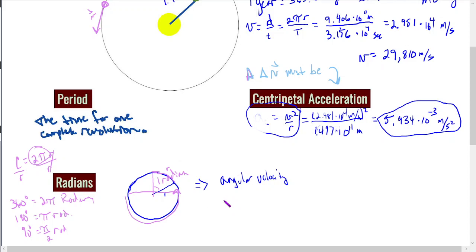And so our angular velocity is given by the Greek letter omega. This is the lowercase omega. Some of you may be more familiar with the capital omega. In physics, this is reserved for a unit of resistance, because the unit of resistance is the ohm, and so it would only make sense that the ohm would be symbolized by the letter omega.